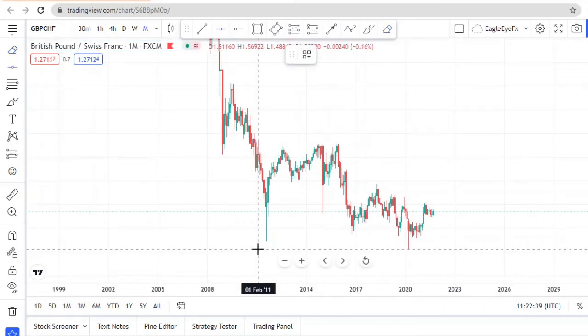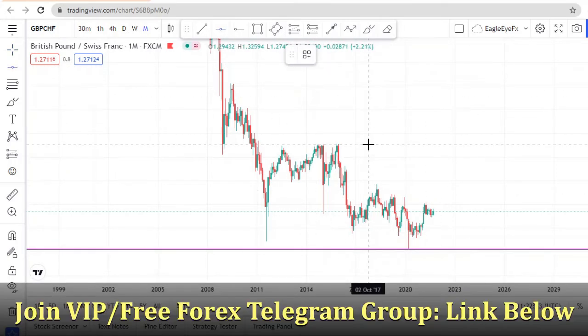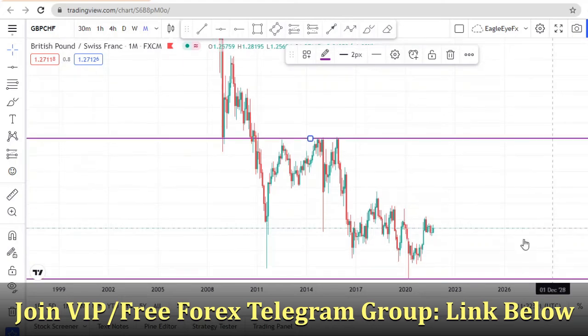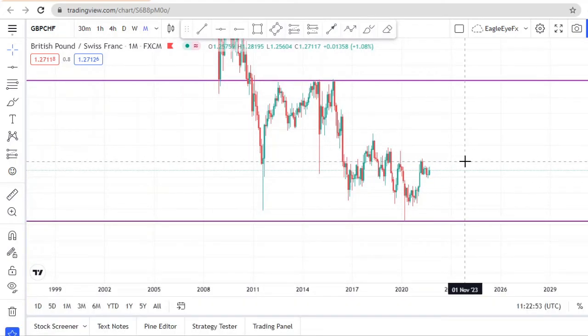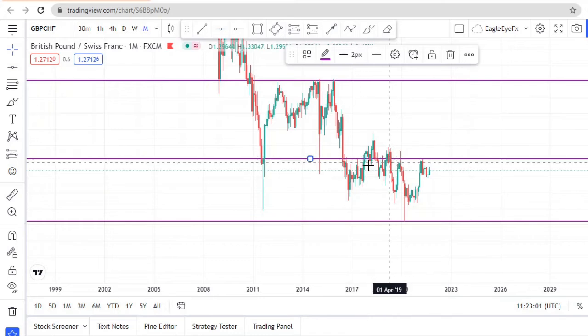So first thing I'll do is to draw my levels. So I want to draw that level over there, and also I'm seeing this level over here, which was a support, then has become a resistance, okay. Then also maybe we can draw this level over here, okay, over there maybe, because we see that on 3rd of May that level rejected, and this market is trying to come down.